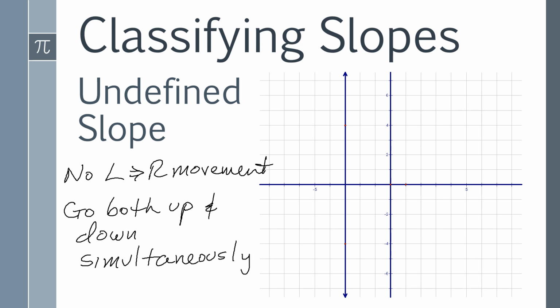That's why it's undefined. If this is going to positive infinity and this is going to negative infinity at the same time in the same place, that's why it's undefined.